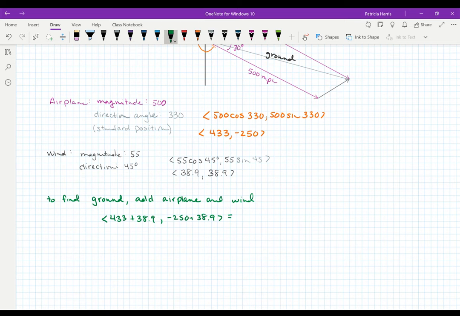And if I add those, I get 471.9 and then negative 211.1. Okay, so now I have the components.